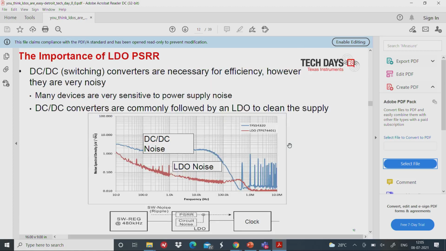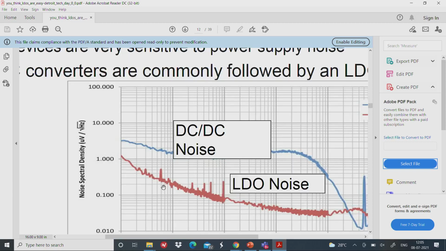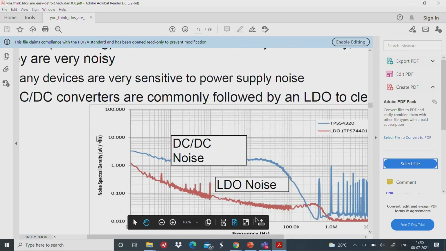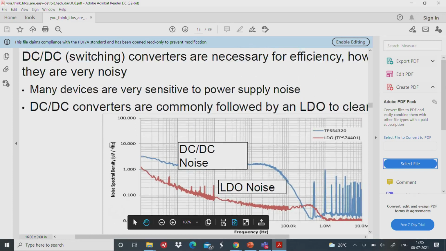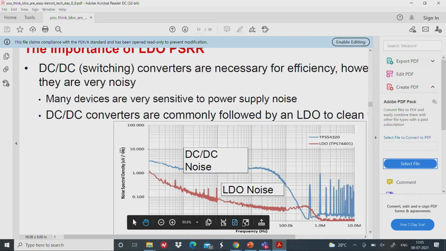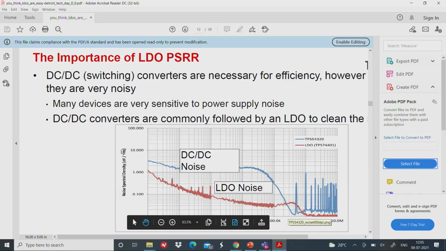Then this picture is telling you something a little more important than the LDO. We will come to that, but it is good to tell you this straight away. This picture is telling you DC-DC converter noise is way beyond that of an LDO. You can see that DC-DC behaves even more peculiarly at slightly higher frequencies.